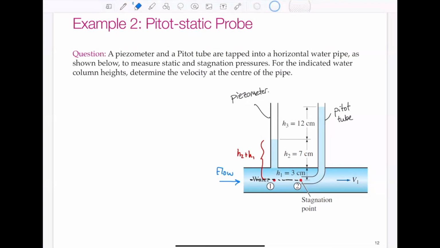So before we get too far, let's write down some assumptions. The obvious ones: we have steady and incompressible flow.